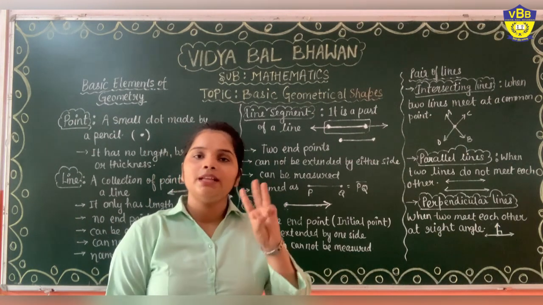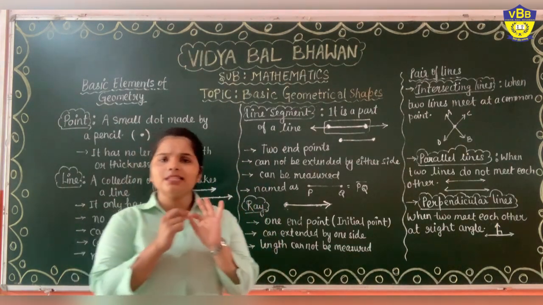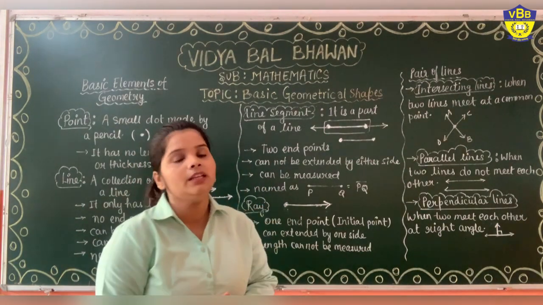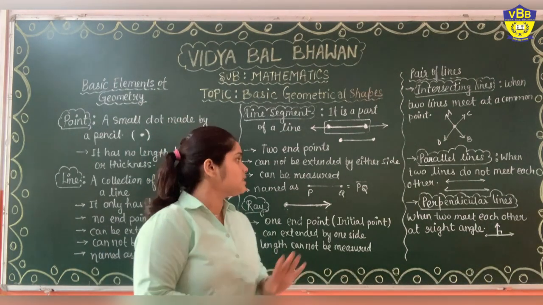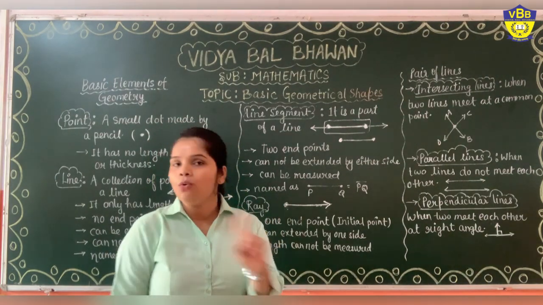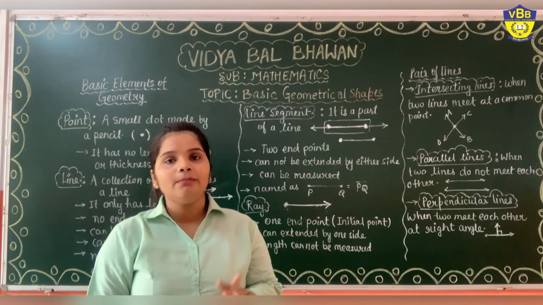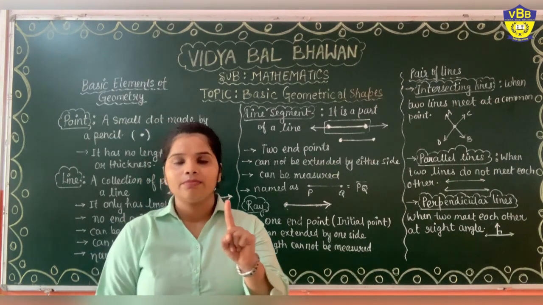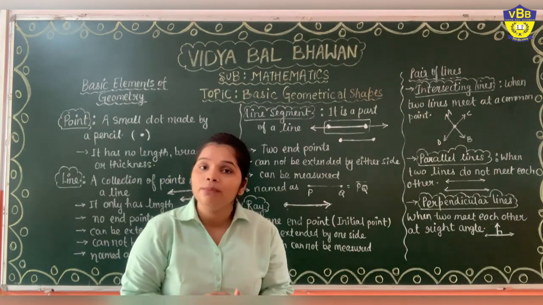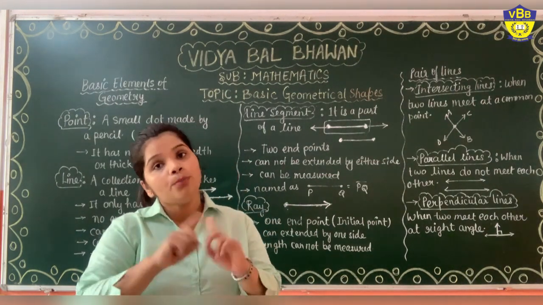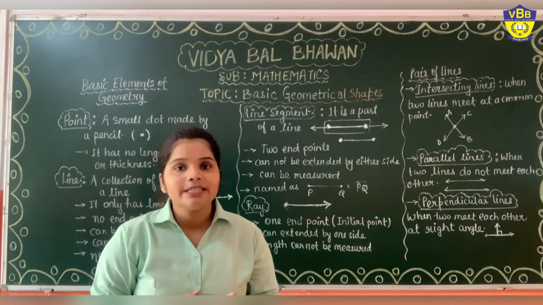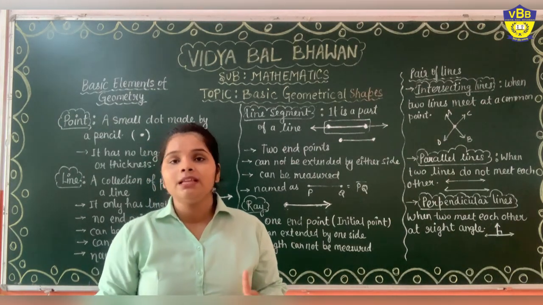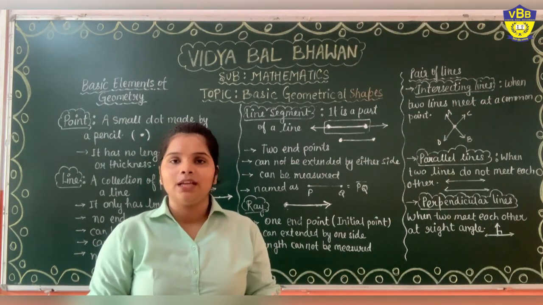Line, line segment and ray: there is a slight difference between these 3 points. Line, no endpoints. Line segment, 2 endpoints. Ray, 1 endpoint. Lines can be extended from both the sides. Line segment cannot be extended from any of the sides.